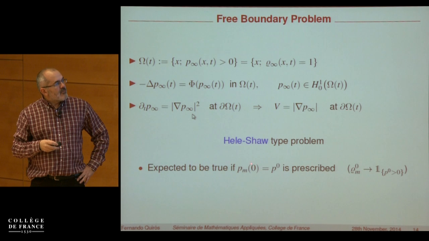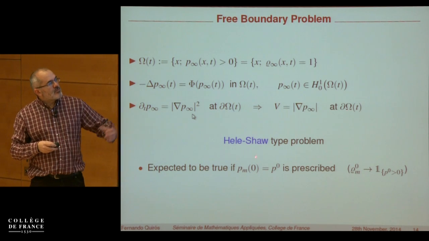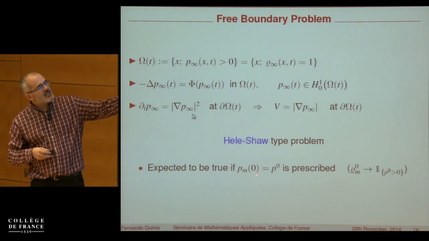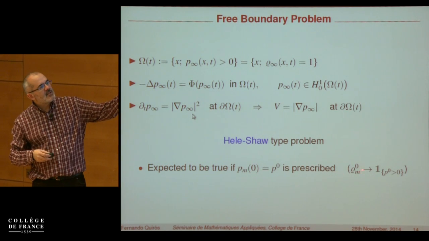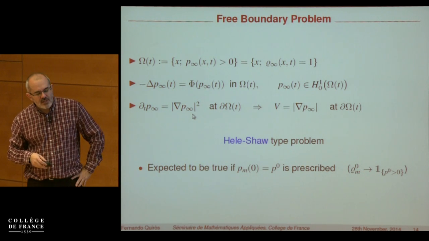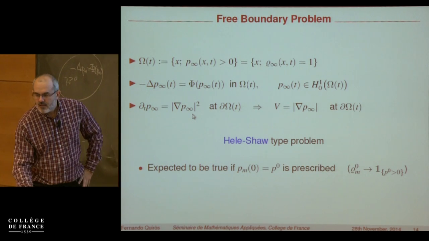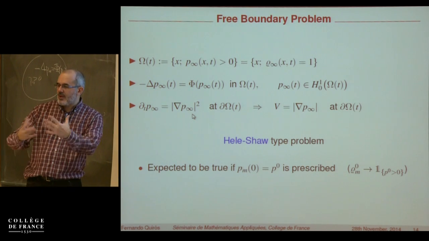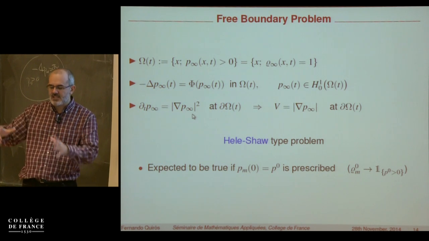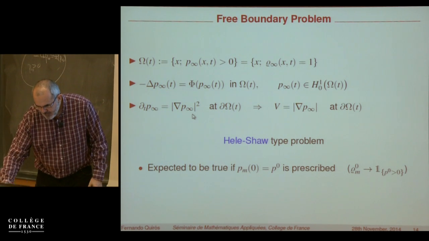If here we prescribe the initial data for the density, then in the limit, the initial data converge to the indicator function of the positivity set for p, which is what you have in Hele-Shaw. You just tell where the pressure is positive initially.